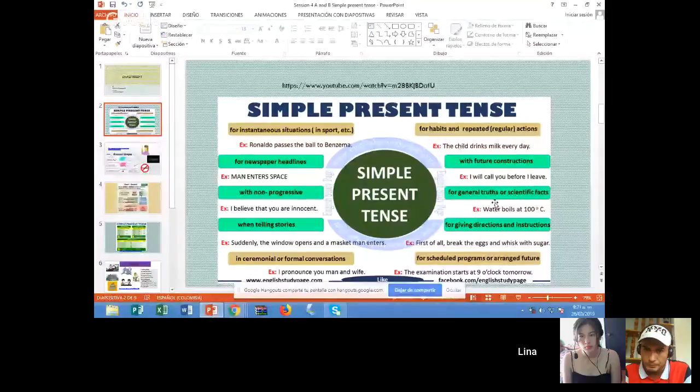For general truths or scientific facts, water boils at 100 centigrade. For giving directions and instructions, first of all, break the eggs and whisk with sugar. Okay? For scheduling programs or arranging future events, the examination will start at 9 o'clock tomorrow.